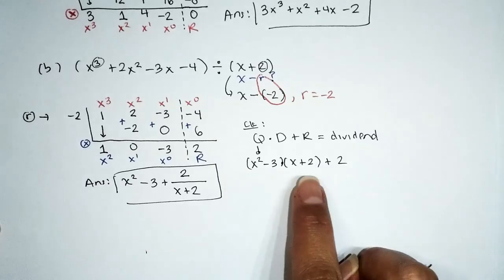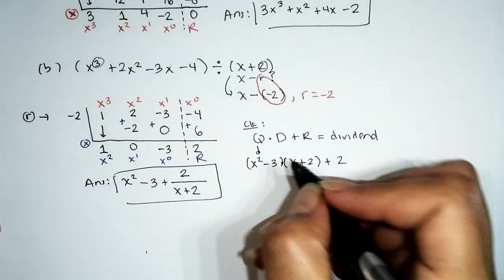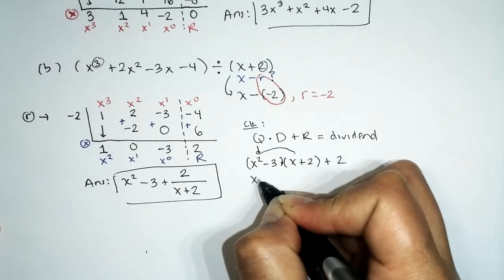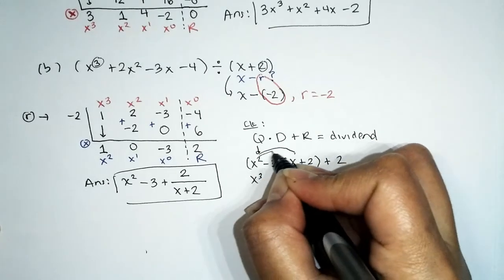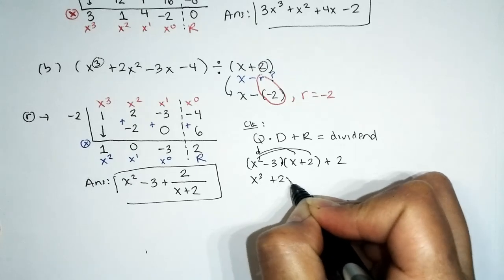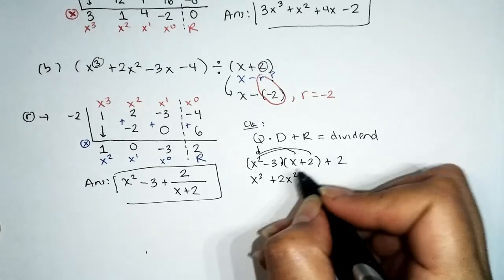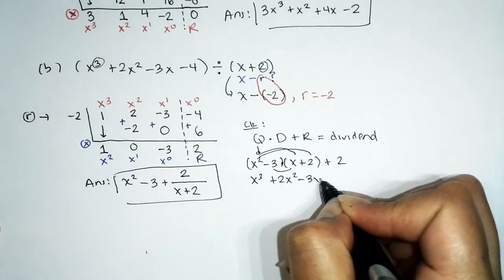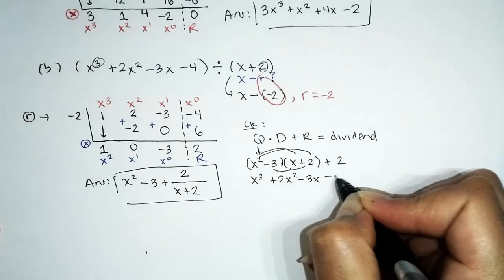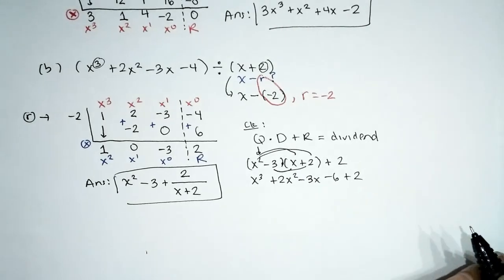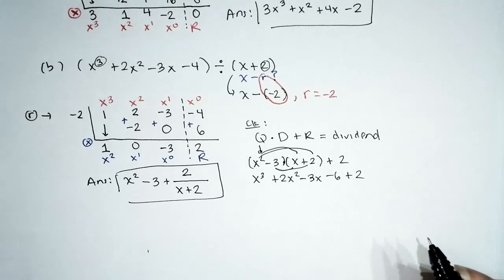We need to make sure, does that really give us the dividend? So let's FOIL it out, and then add 2. The product of the first terms will give us x cubed. The product of the outer terms will give us 2x squared. The product of the inner terms will give us -3x. The product of the last terms is -6. Let's bring down the remainder. Combine what you can.